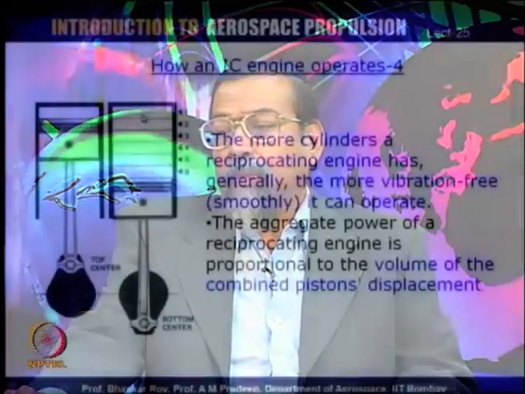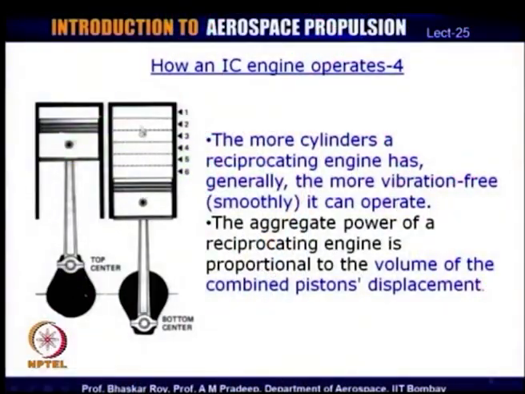So, the aggregate power of a reciprocating engine is normally given in terms of the total volume of all the pistons together, that means the displaced volume, the amount of volume that is created between the top dead center and the bottom dead center. This motion is what the piston is executing every time it moves from one end to another, and this is what we call the displaced volume, the volume of displacement of the gas.